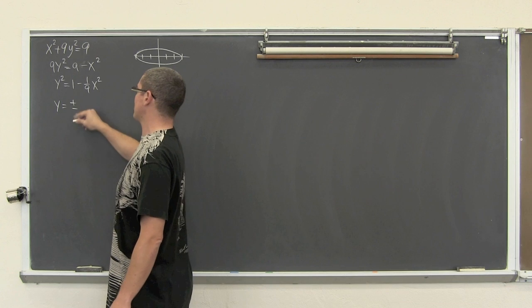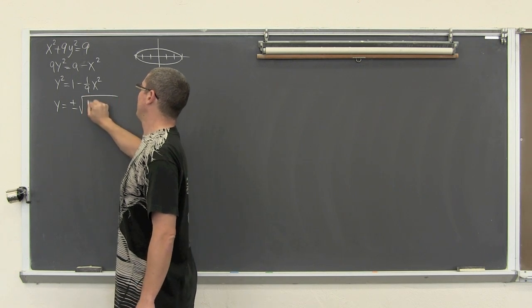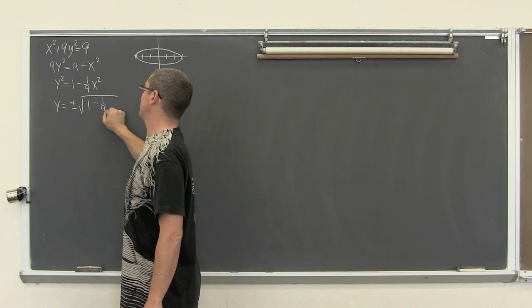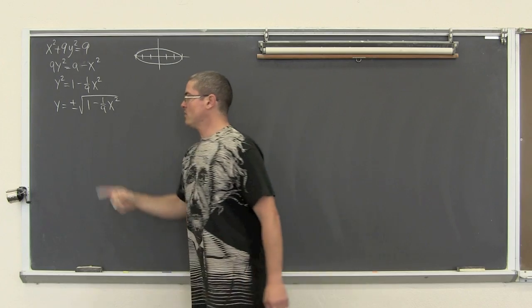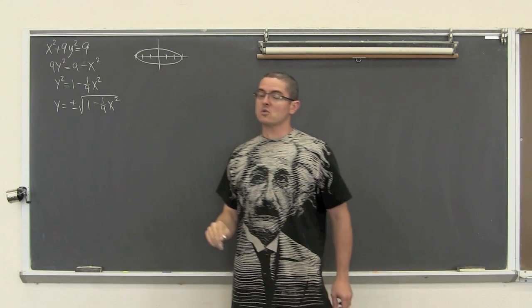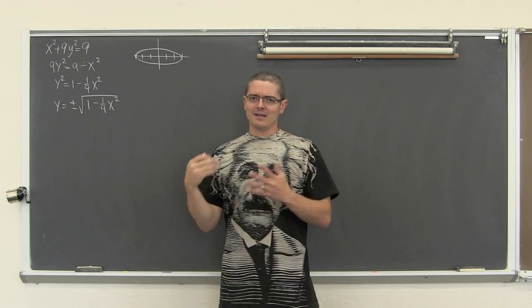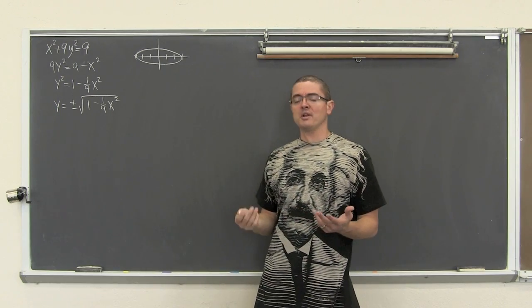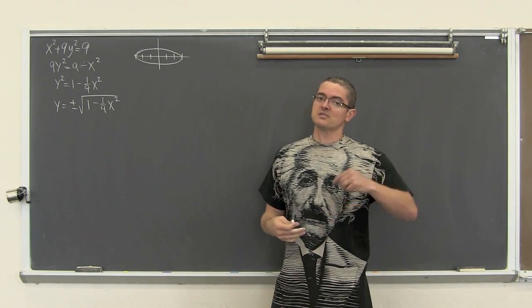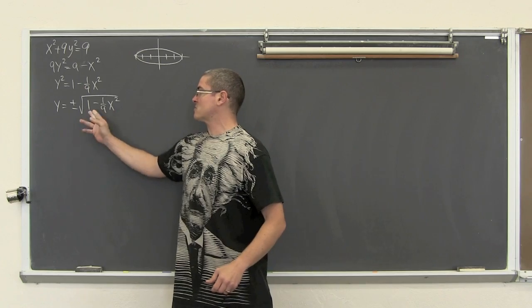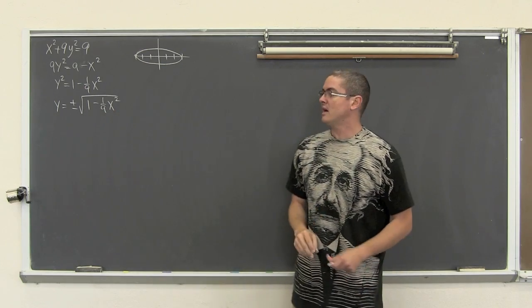This is going to be plus or minus the square root of 1 minus 1/9 x squared. I do realize both of these terms are perfect squares, by the way, but you cannot square root and get an answer like the square root of 4 plus 9 is not 2 plus 3. They don't care if these are both perfect squares. It's 2 terms. You cannot just square root them.